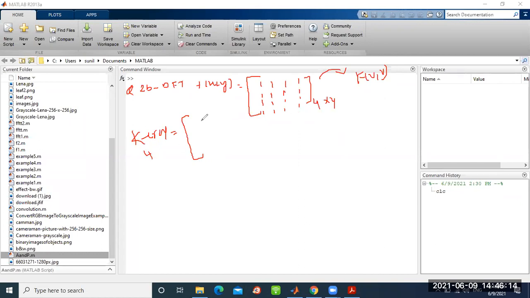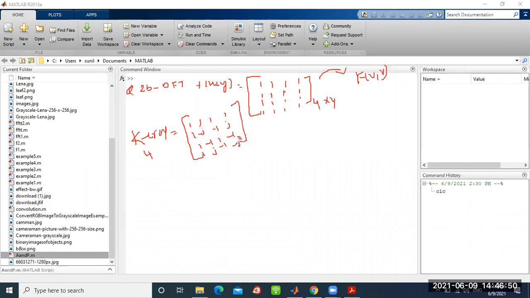Fine. For 4, kernel equal to 4. Okay, 4 cross 4 matrix, the kernel is given as, so value is 1, 1, 1, 1, 1, minus j, minus 1 and plus j, then 1, minus 1, 1 and minus 1, then 1, j, minus 1 and minus j.